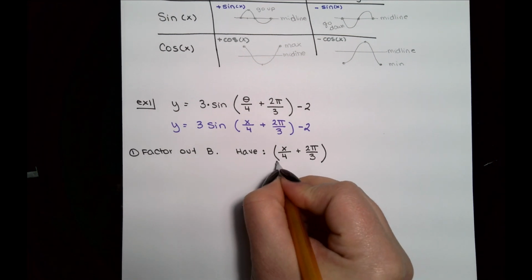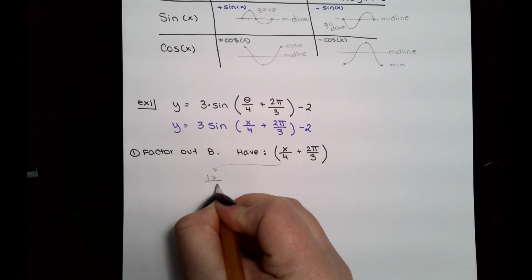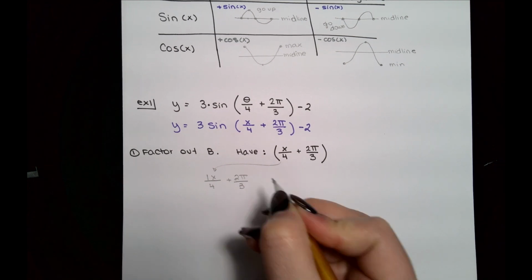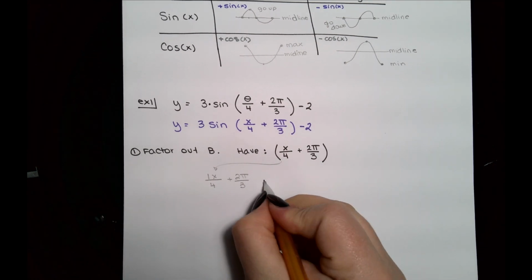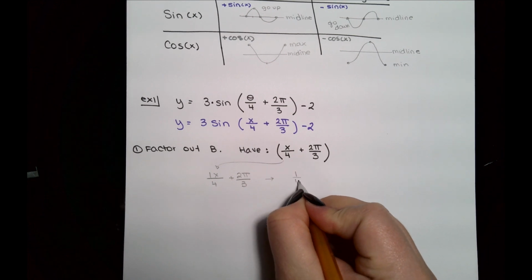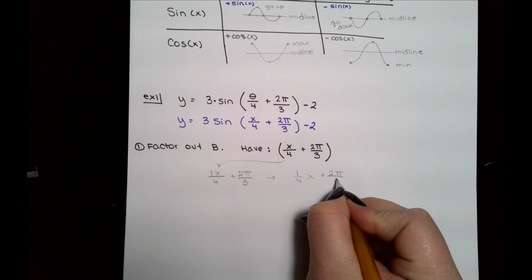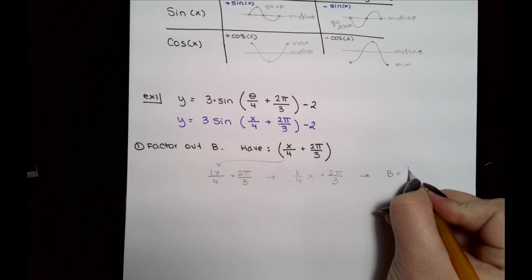So that means we have 1x, and I'm going to just take this b value in multiple steps. I have 1x, which means I have 1/4 x plus 2 pi thirds. So that means our b value is 1/4.